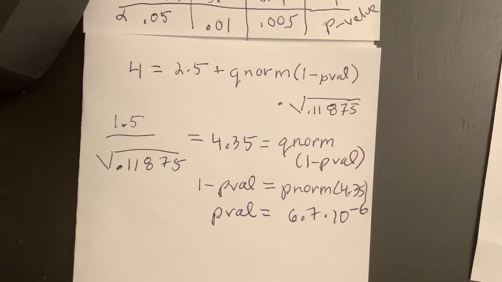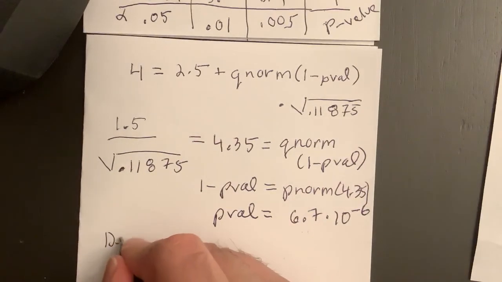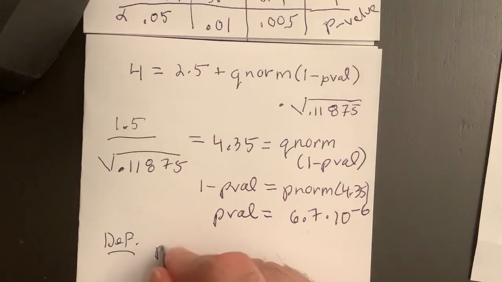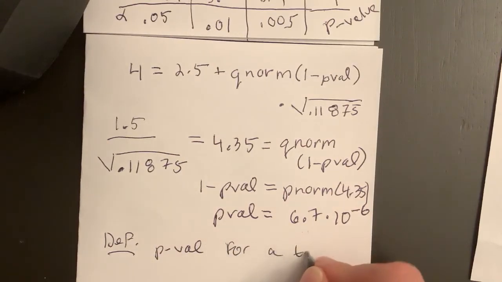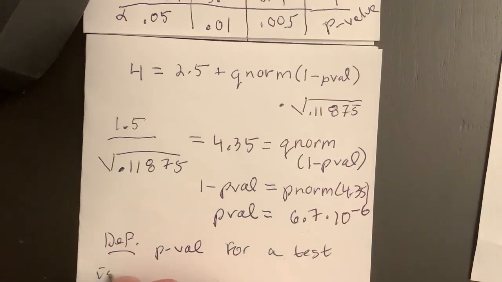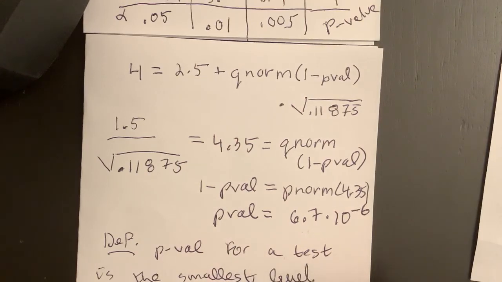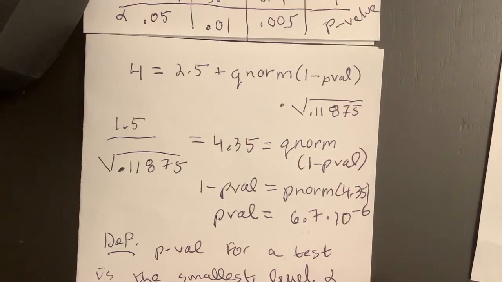So the definition: the p-value for a test is the smallest level, or the inf of the levels, at which H0 is rejected.